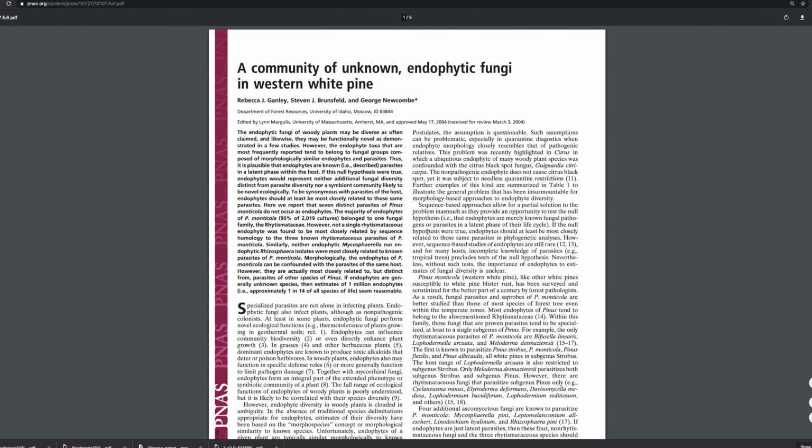After we have read this, we're gonna look at where it mentions our species. And right here, for example, the only parasites of P. monticola are Bifusella linearis, which is our species. So here it is saying that the only parasite of this pine is our species and some others.